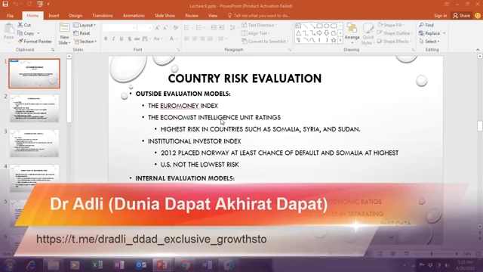Switzerland is the lowest risk. The maximum risk is 100, and Switzerland has the lowest. This is for 2015. You can see the latest one, probably 2016 or 17. For Malaysia, you need to go to the website.